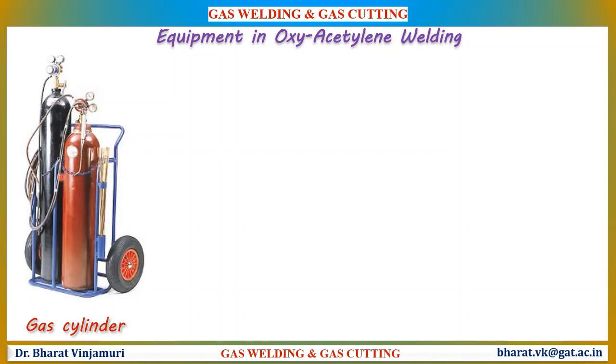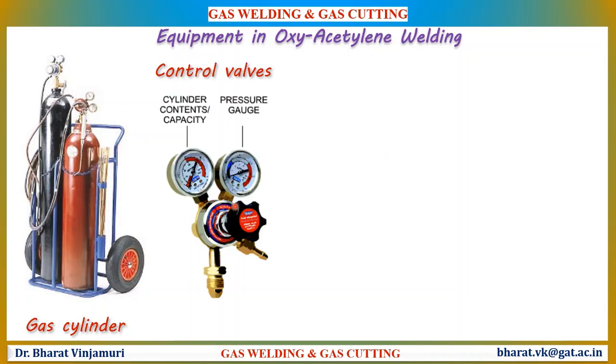Both the oxygen and the fuel cylinders are made from heavy steel to withstand the pressure. Both the gases have separate control valves. A control valve is used to control the amount of gas being released from the cylinder. Control valves are also crucial for controlling the fuel to oxygen ratio.